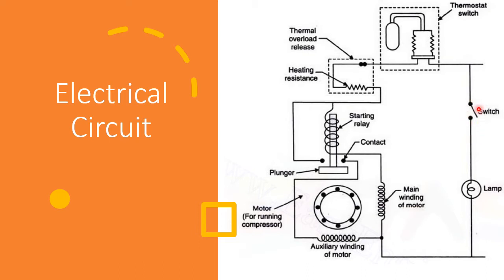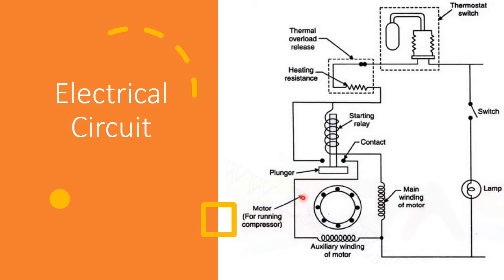So now let us see the working of this electrical circuit. When switch is closed, current flows through this path and then through the overload release, it goes to the starting relay. Now it is in open condition, so no current flows through this path. Here it is an open circuit. So current flows through the starting relay and then to the main winding of the motor.